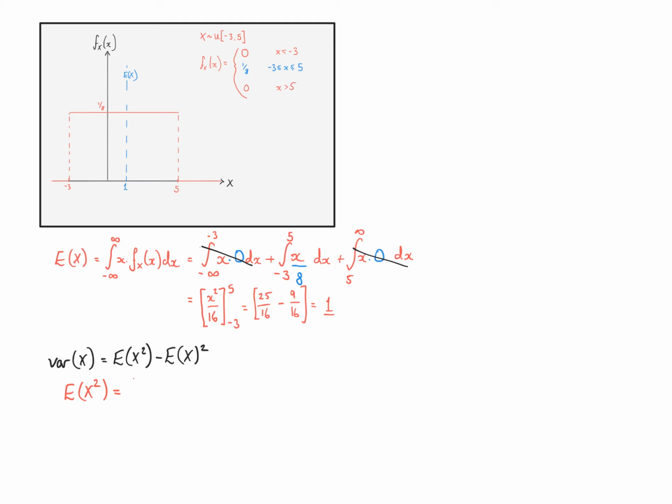So this is going to be equal to the integral between minus infinity and infinity of x squared times our probability density function, and we'll split that up into three parts, just as we did before.